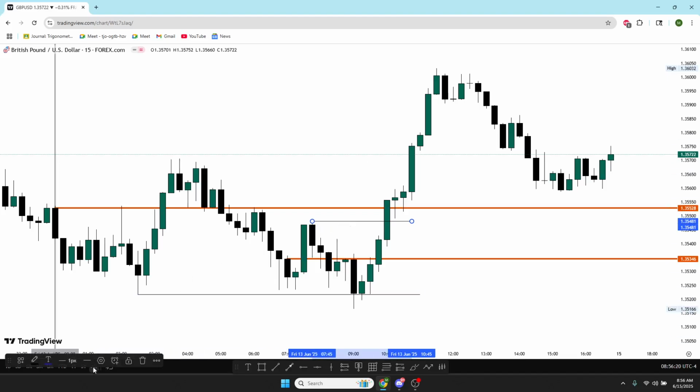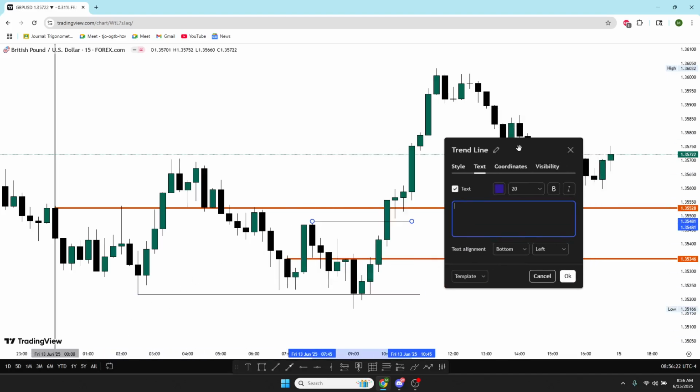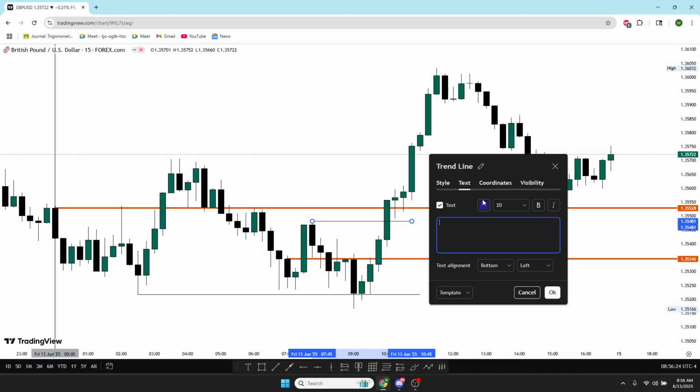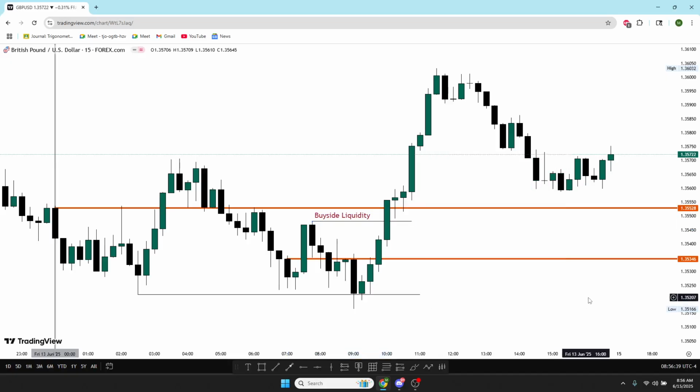If you said sell side liquidity, unfortunately, you're wrong. But if you said buy side, you are correct. This is buy side liquidity. Let's put that at the top. Let's make it red. All right? So you got that buy side liquidity.